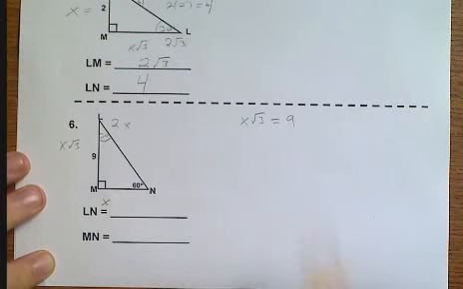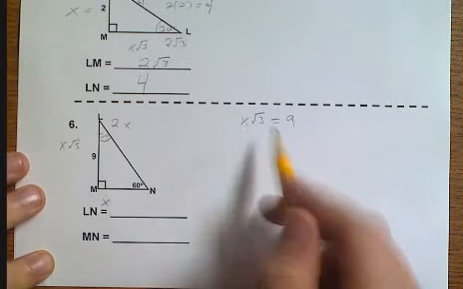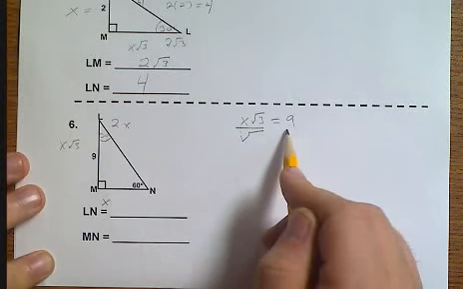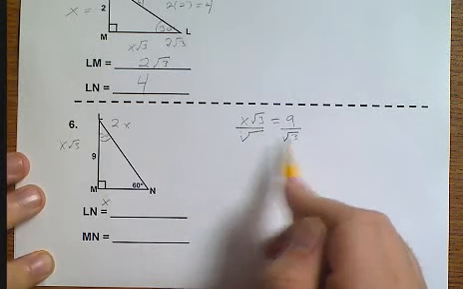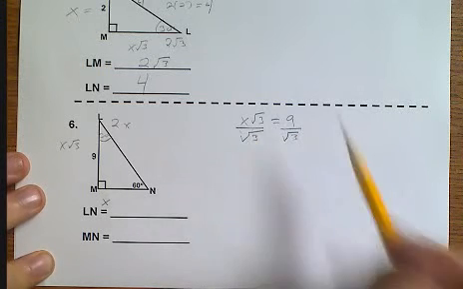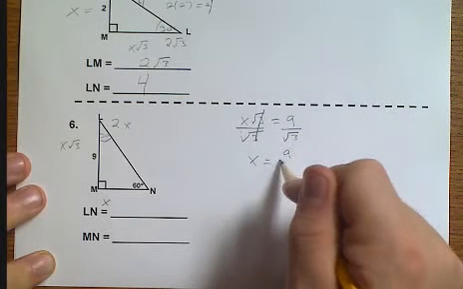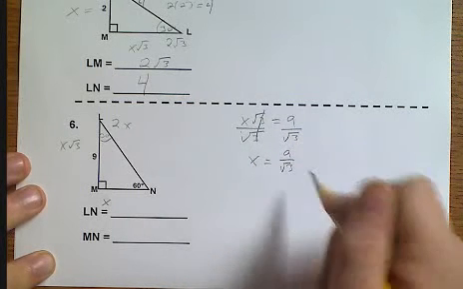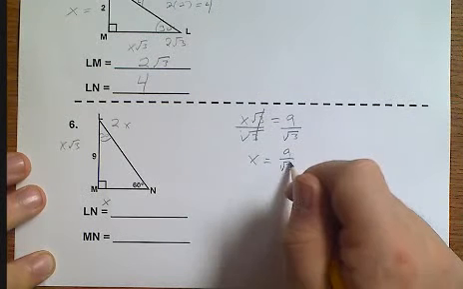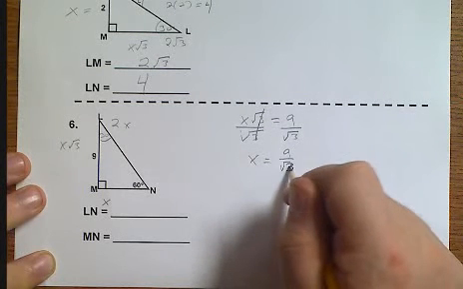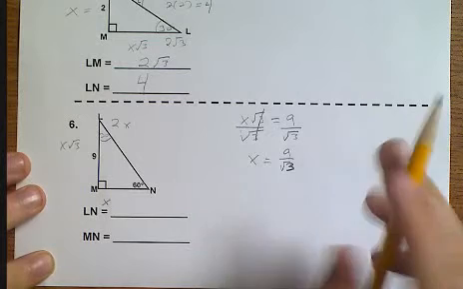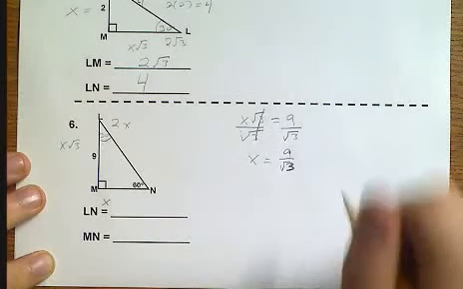Well, I need to figure out what x is. So I'm going to divide both sides by the square root of 3. That's going to cancel on this side and give me x equals 9 divided by the square root of 3. Well, I can't have the square root of 3 as a denominator.